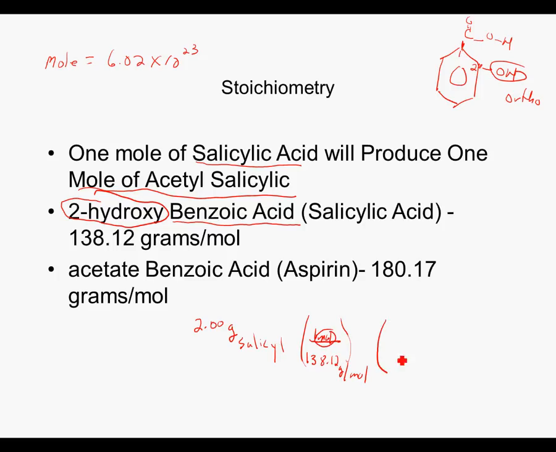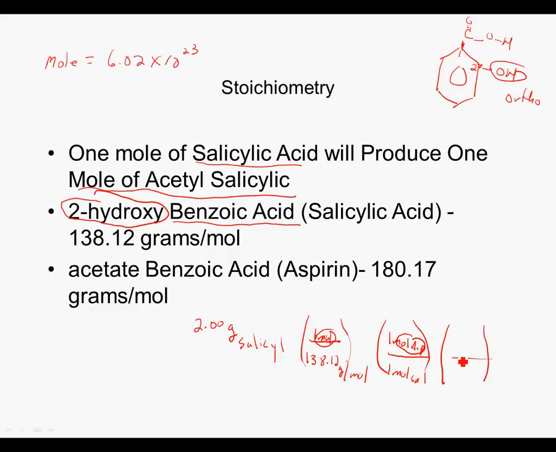But we also know that 1 mole of aspirin can be created from 1 mole of particles of salicylic acid. So now what we did is we converted our answer in the first part of this mathematical equation to moles of aspirin. Now we know how many moles of aspirin we have from 2 grams of salicylic acid.